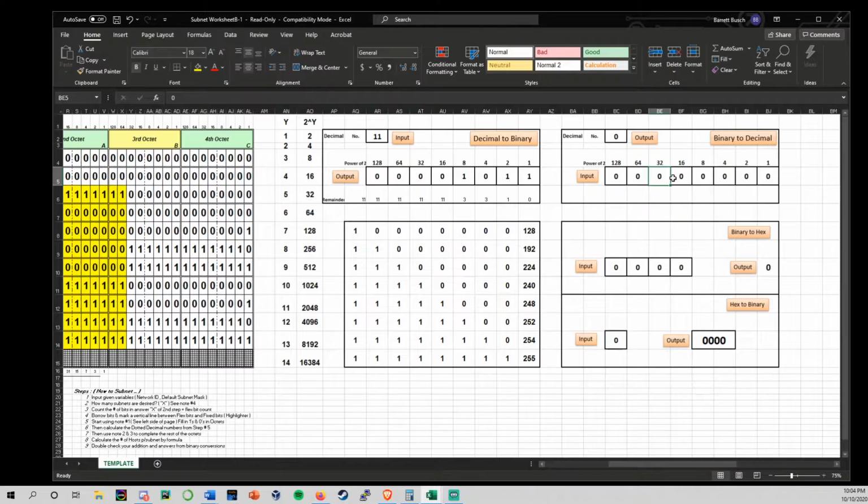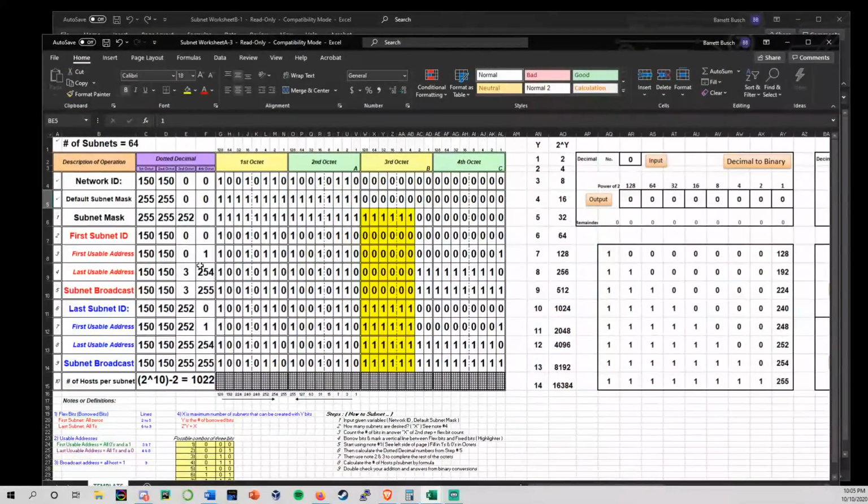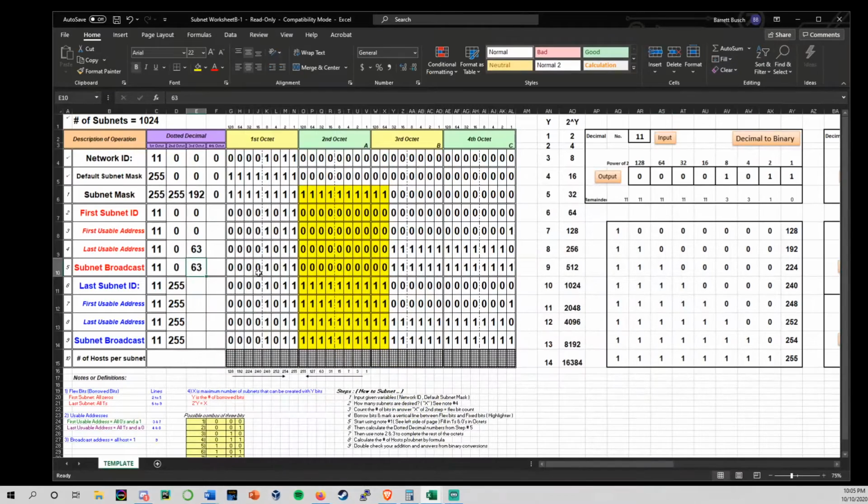Okay, so 0, 0, 1, 1, 1, 1, 1, 1. That's 63. And that was right here on the third octet. The next one down is the exact same. Sorry about that. Now we're on the fourth octet, all zeros. This one here, we have just a 1. This one here, all turned on except for the last one, so that's going to be 254. And then the final one is all ones, so that's 255.